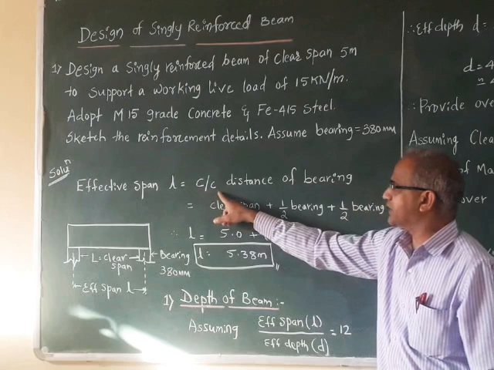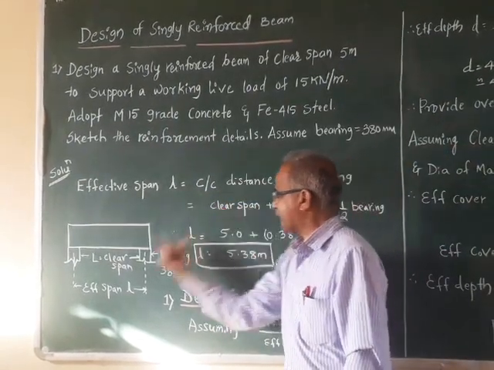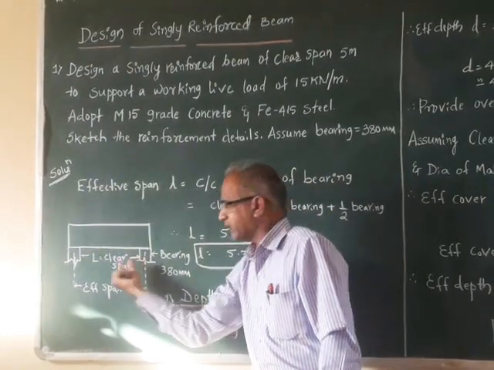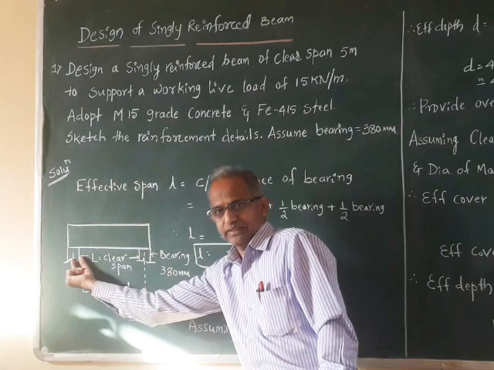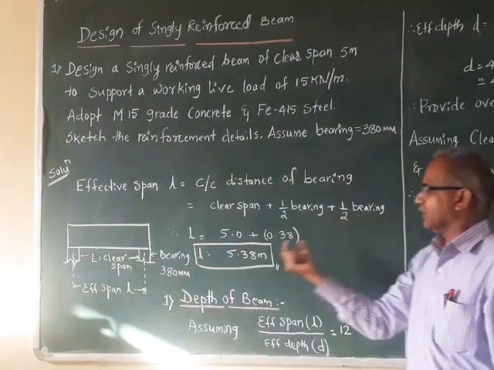So effective span l is equal to center to center distance between the bearings. So clear span plus half of this bearing plus half of this bearing, which is nothing but one bearing we are going to add, or one width of support.